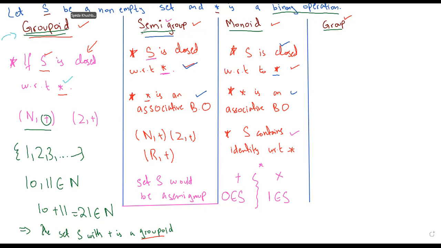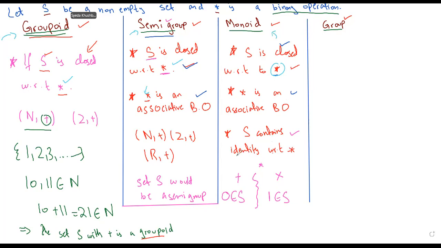If any set is closed with respect to the binary operation, and that binary operation is associative, it would be a semi-group. And the last one is S is closed with respect to a binary operation, that is star, star is an associative binary operation, and S contains identity with respect to star. This would be a monoid.